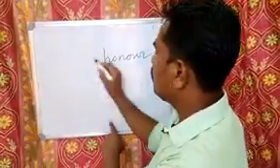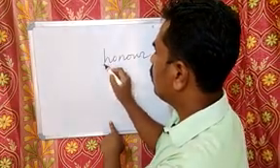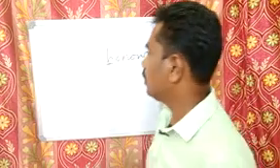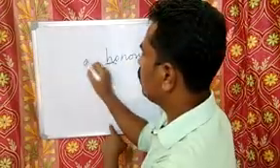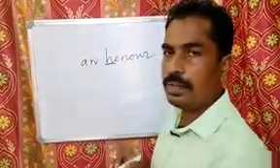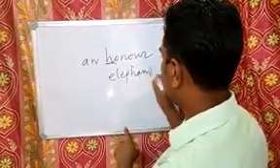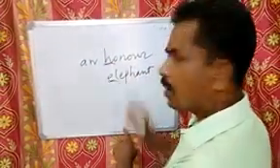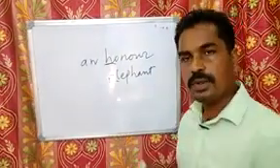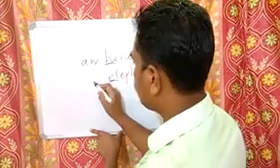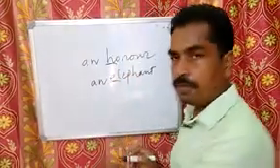So what should I use here? Here it starts with a consonant, but when you pronounce the word, it is honor. So no H sound, therefore we'll use an. There is another word, elephant. Starts with a vowel. Let's check whether it has a vowel sound or not. Elephant, elephant, still a vowel sound, so an elephant.